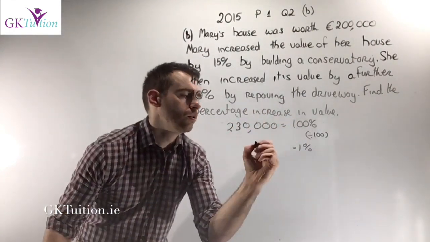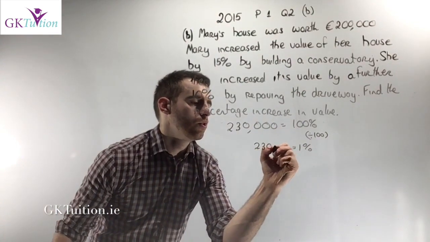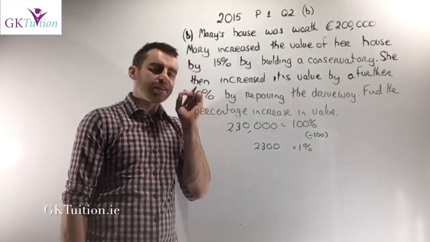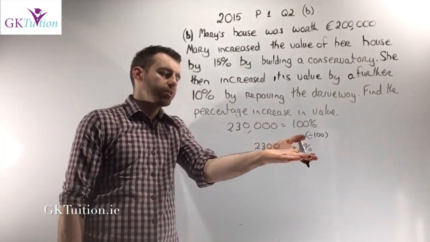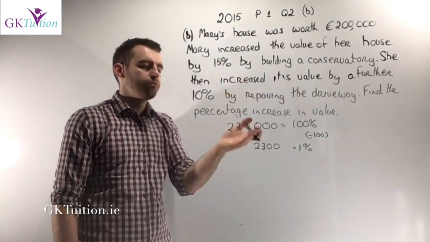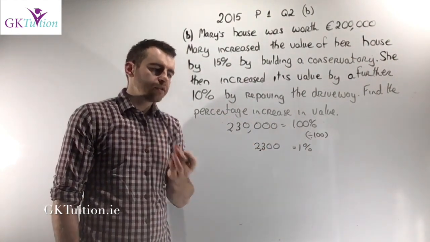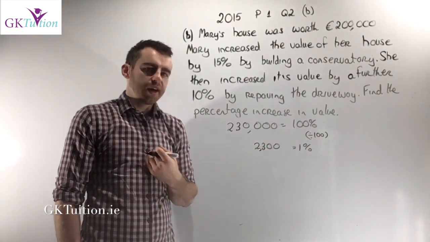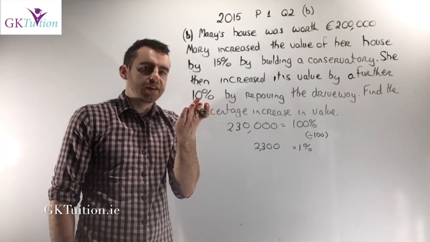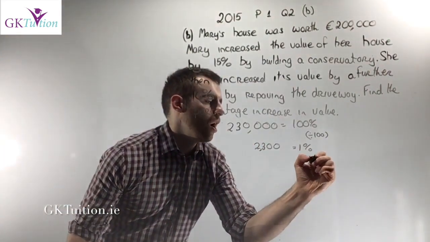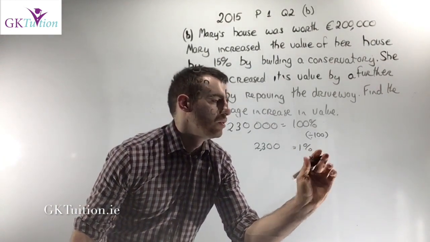If you divide 230,000 by 100, you get 2,300. So I can say that 1% of the price of the house before she repaved the driveway was €2,300. After she's repaved the driveway, the house is worth 110% of what it was worth. So if I know 1%, I want to multiply both sides by 110.